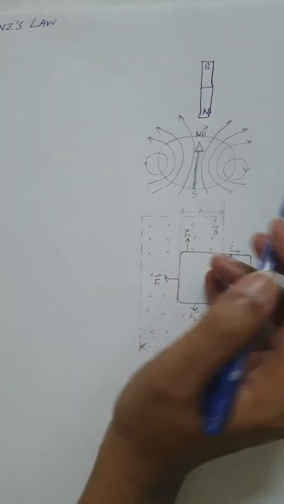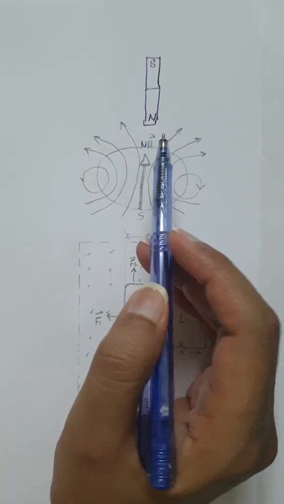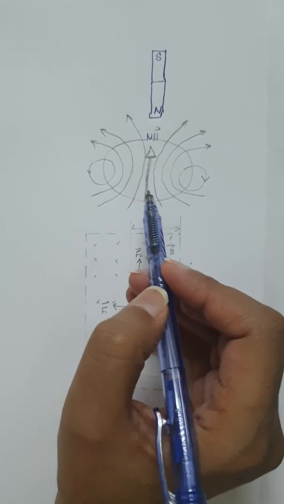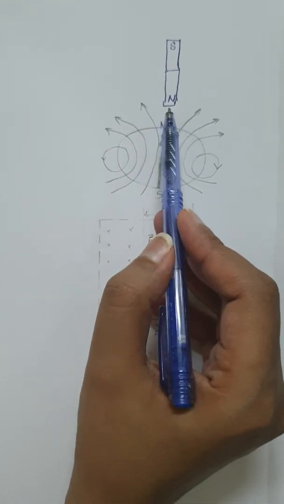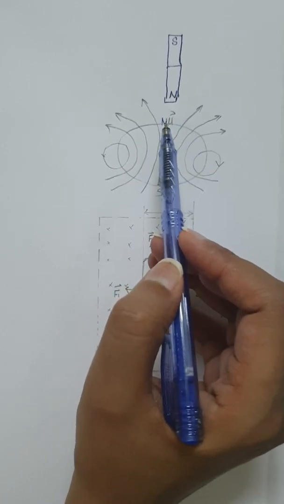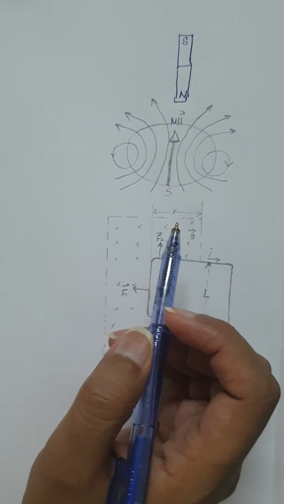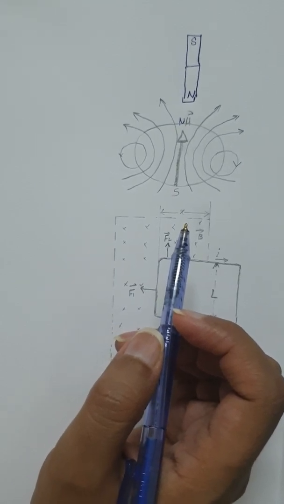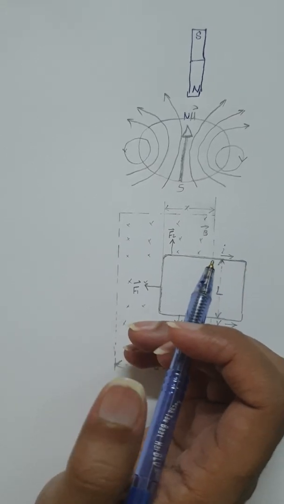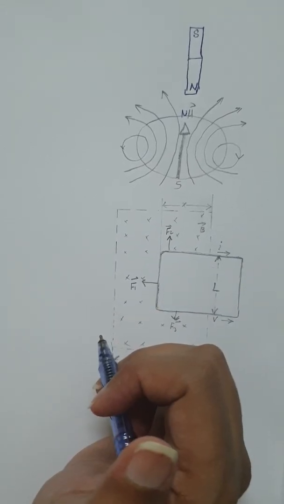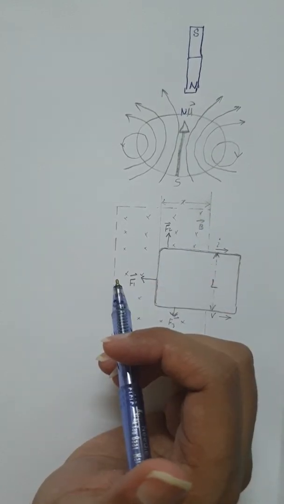To oppose the magnetic flux increase caused by the approaching magnet, the loop's north pole, or dipole moment, faces the approaching pole so as to repel it. From the right-hand rule, we can find the direction of the induced current in the loop, which is counterclockwise.